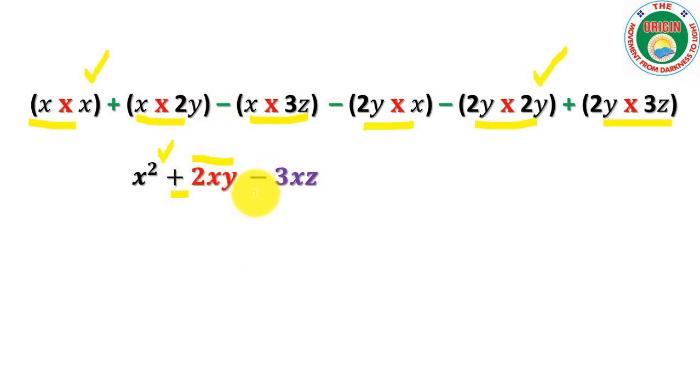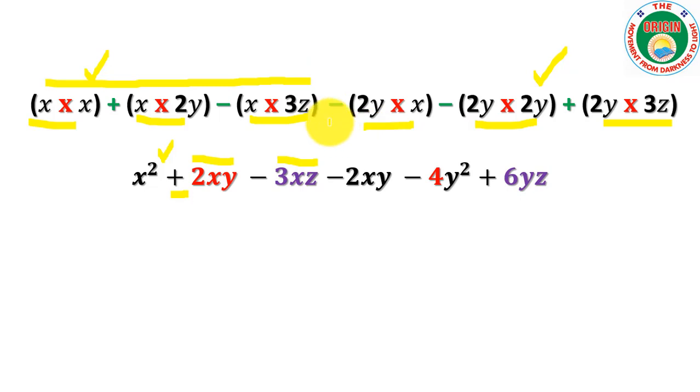Minus as it is, x into 3z, 3xz. Minus. Next, 2y into x, 2xy, minus; 2 into 2, 4, y into y, y square; plus 2 into 3, 6, y into z, yz.